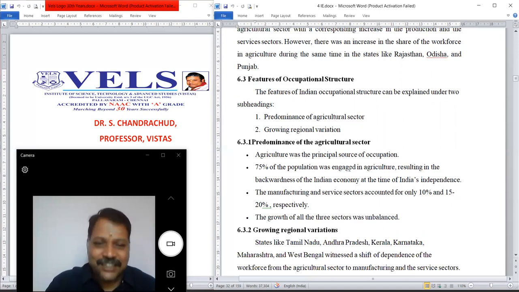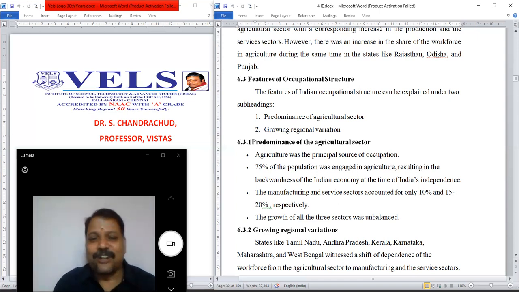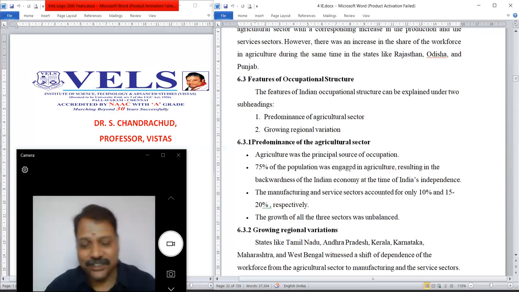The manufacturing sector and service sector accounted for only 10% and 15 to 20% respectively. So the growth of all three sectors is not balanced. That is why the occupational structure is dominated by the agriculture sector, and that is why the heading is predominance of the agriculture sector.